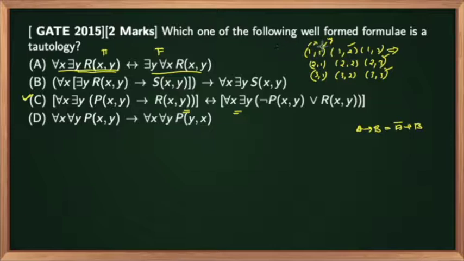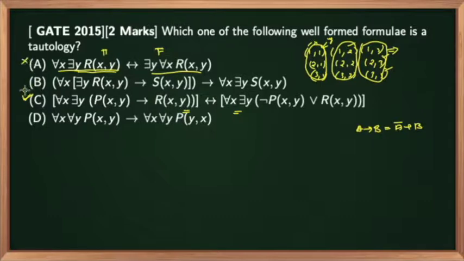So you are fixing the y, then you are saying for all x R of xy is true. That means all the values in this column, or in this column, or in this column should be true. At least one column, all the values should be true, right? So these both are not equal. So choice A is wrong.